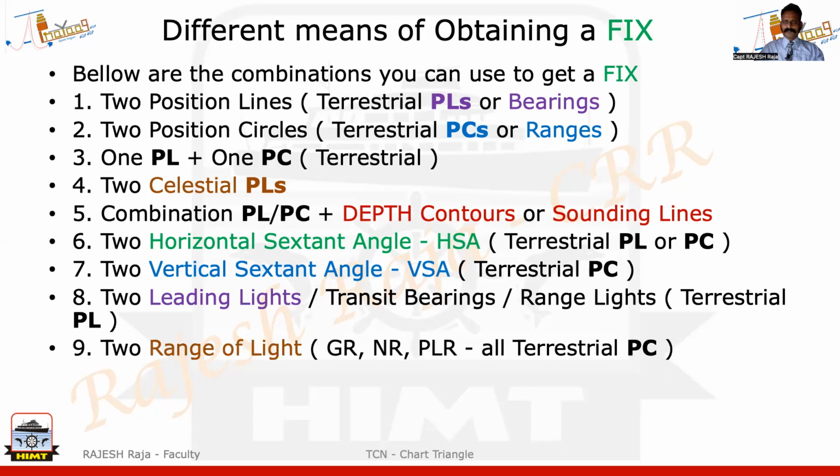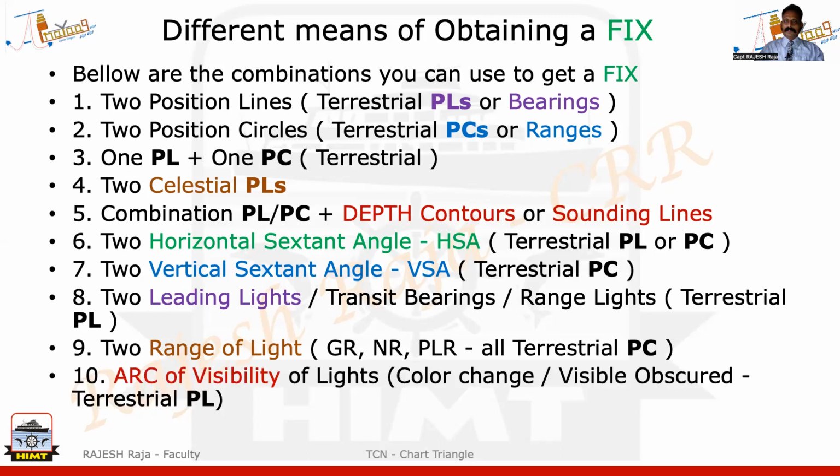Now, different types of ranges can be calculated from a lighthouse. So they are geographical range, nominal range or present luminous range. Those methods also will give you a position circle. Okay. I can use arc of visibility. So arc of visibility could be twofold. One is a color change, and the other one could be obscured and visible sectors also.